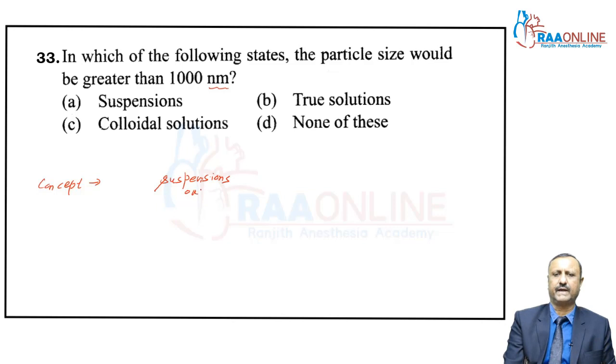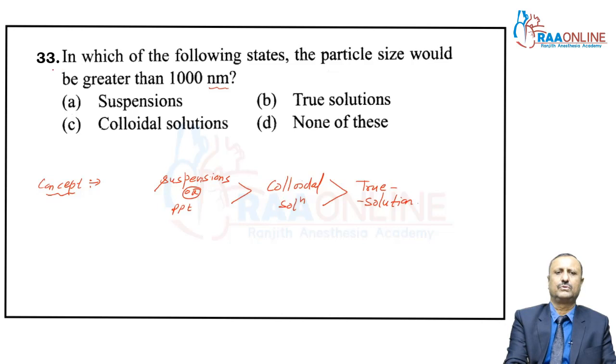Another name for a precipitate is suspension. Then you get the colloidal solution, and then the true solution. So this is the concept: first you get suspension, then colloidal solution, then true solution. So, the answer is A.